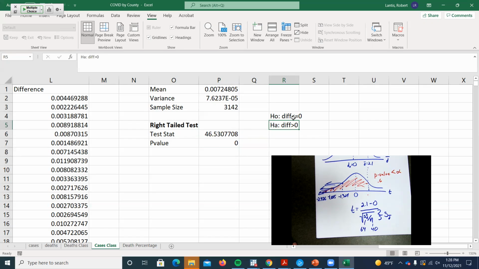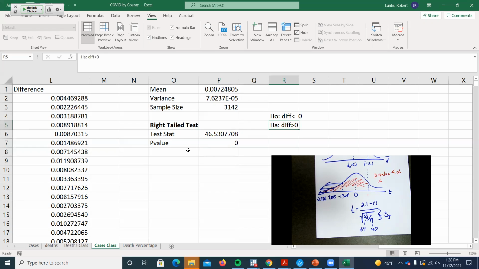The average change across counties was negative, that it's gone up. Which I was a little surprised at, but maybe this is because I felt like last year it seemed more real, I guess. But anyways, we've got this right-tailed test. We can clearly reject our null hypothesis.